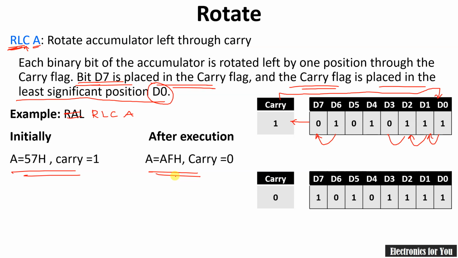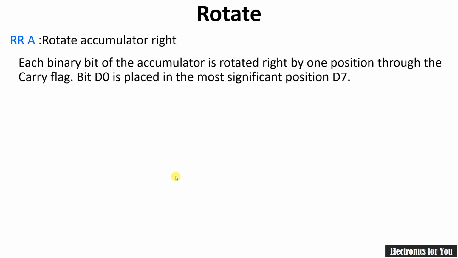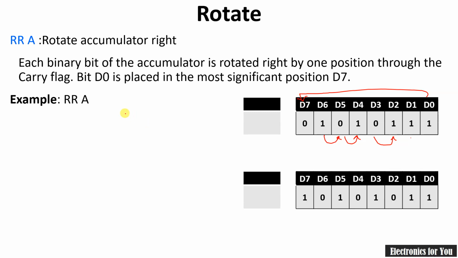The next instruction is the rotate right instruction. Again it is rotate accumulator right. Now each bit will shift to the right, meaning D7 will shift into D6, D6 into D5, D5 into D4, and so on. The last bit is D0, and that D0 will move to the D7 bit. No flags are affected in this instruction again.